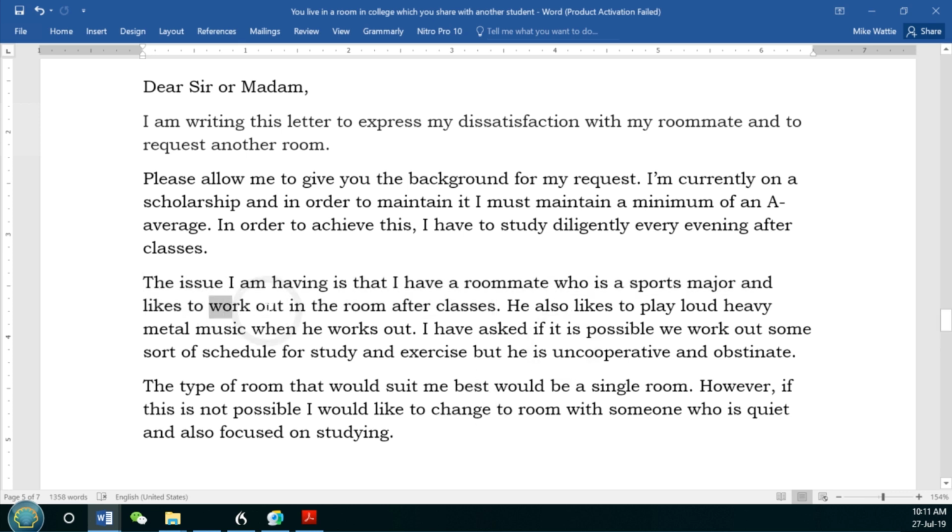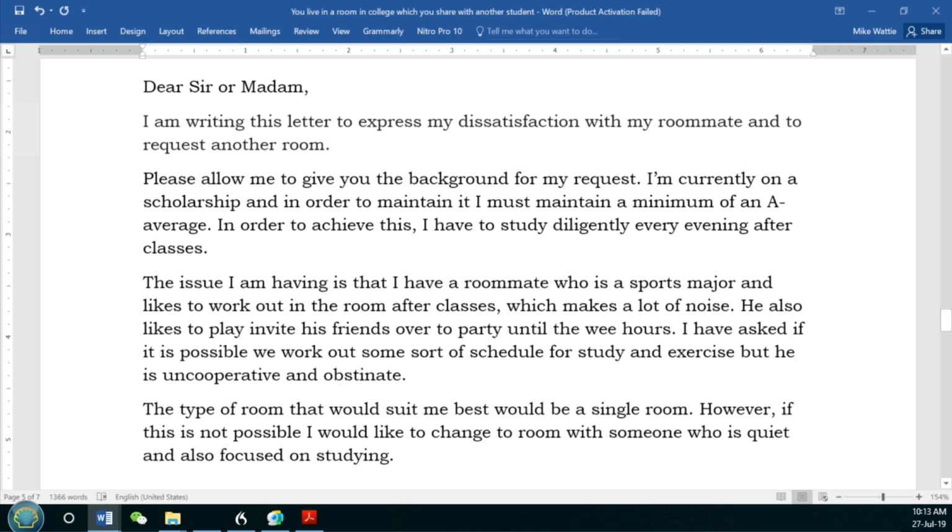One of the problems is he likes to work out. And then the next problem, plays heavy metal music when he works out. I guess these are sort of 2 related problems. Thinking about it, I could have 2 clearer problems in this paragraph. If I were to rewrite this, let's see if we can rewrite it a bit.